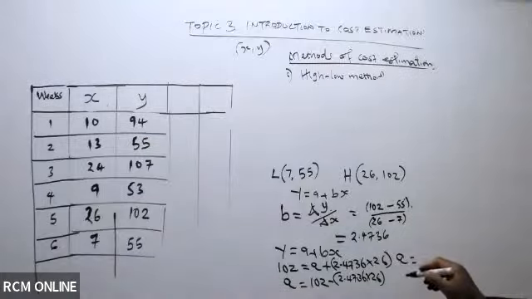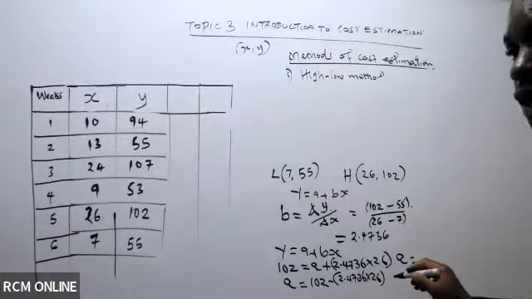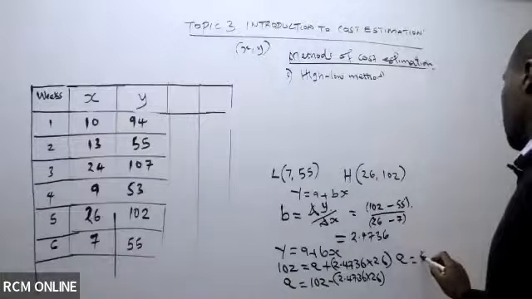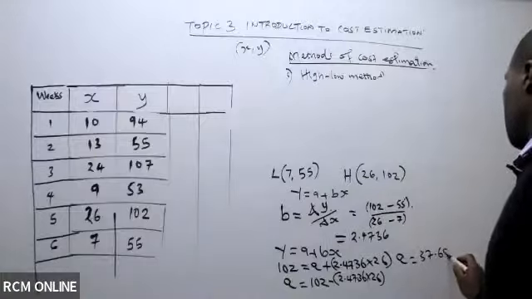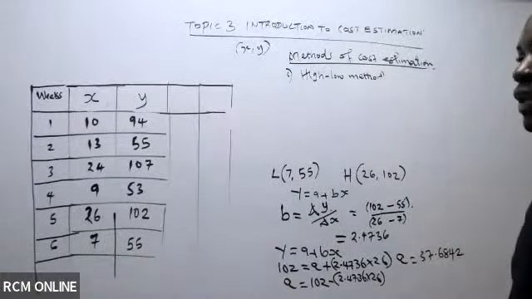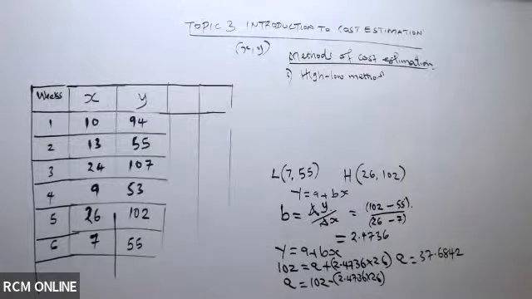37.6842. We have 6842, 6838. Okay, that will not change anything big, but I want us to have the same thing.